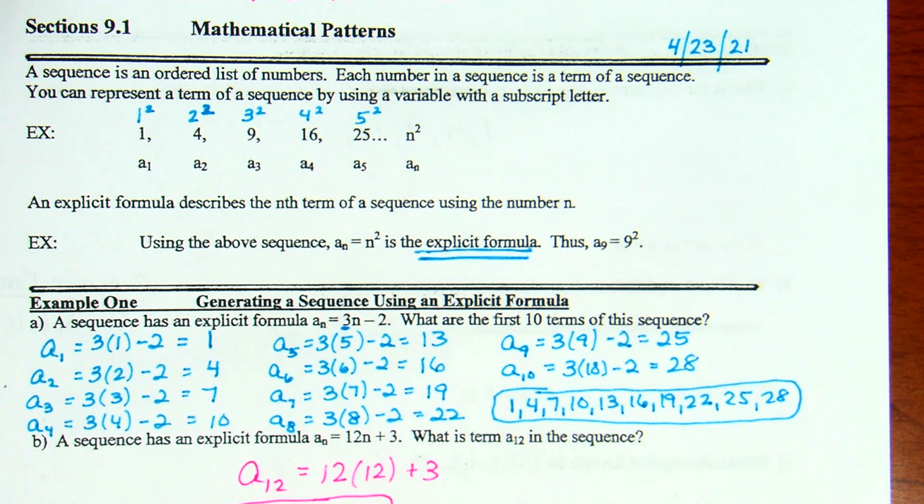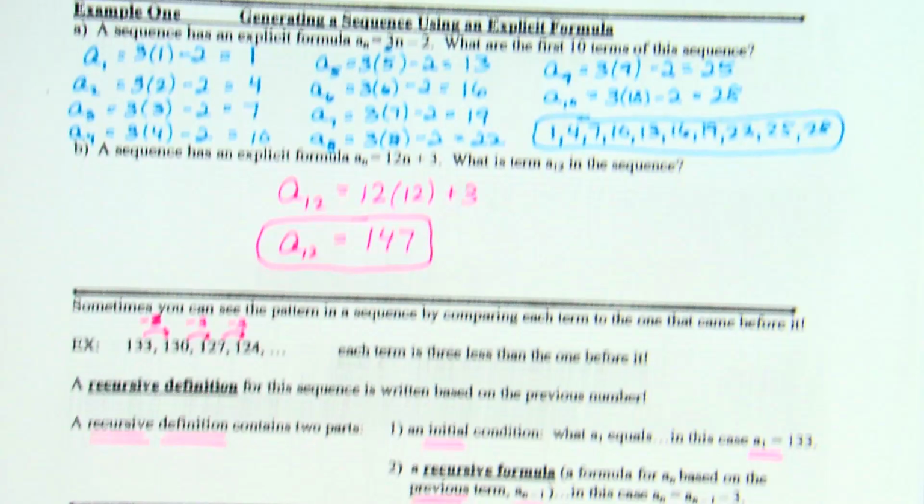If they want you to find the 100th term, you plug 100 in, you do the math. Now, we have not practiced how to write an explicit formula, which is what's on today's agenda. So that's what we started with on Friday.